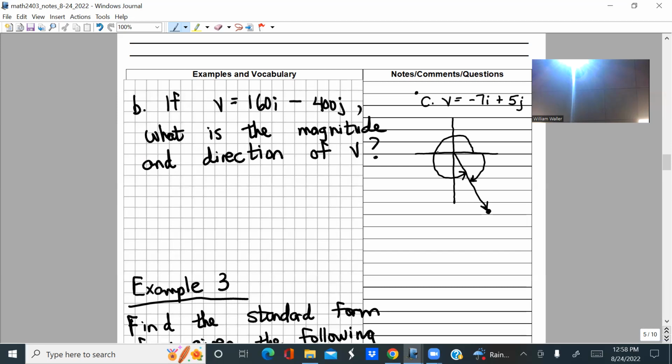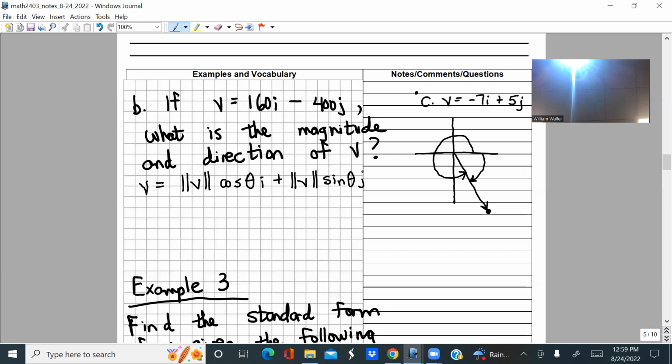But what we want to find out is what exactly that magnitude is and what this direction is. So what is that angle? Let's remember, V is going to be in component form: its magnitude times the cosine of its direction times i, plus its magnitude times the sine of its direction times j.